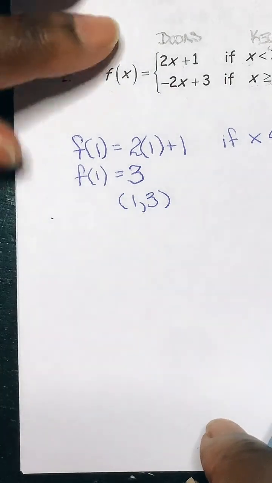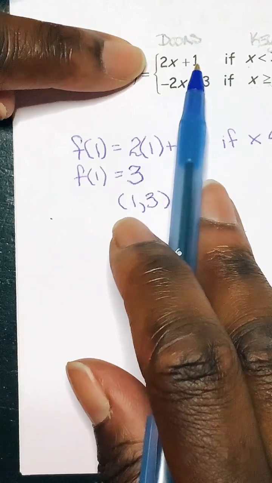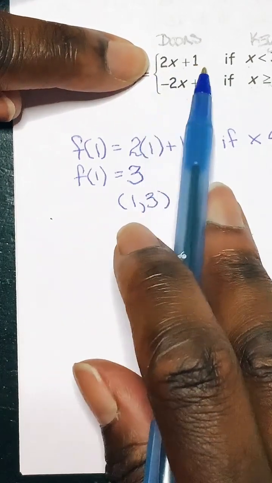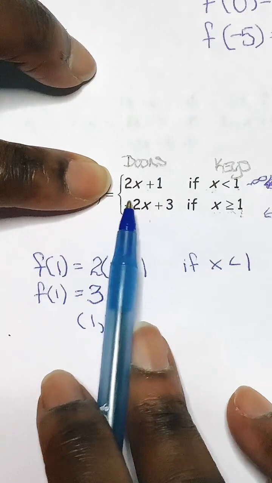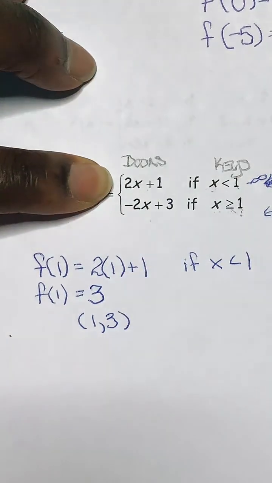Now, taking a look at this expression, it was 2x plus 1. If I think of it like a line, 2x plus 1, what's my slope? Is it the 2 or the 1?